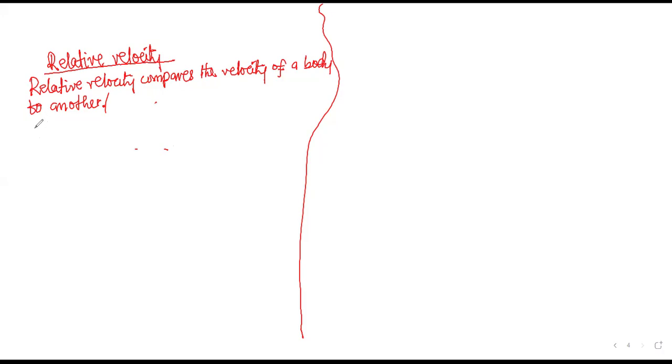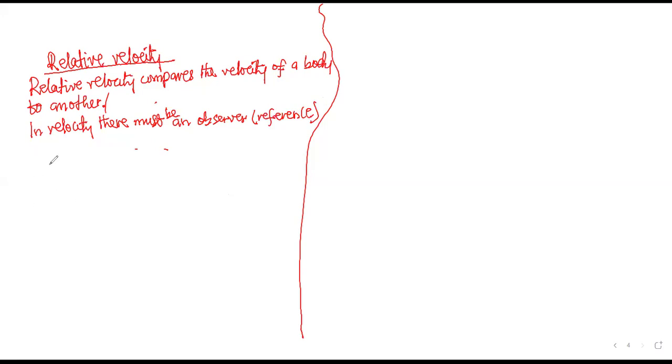So in relative velocity, there must be an observer who is doing the observation, or reference. So who is looking at who?